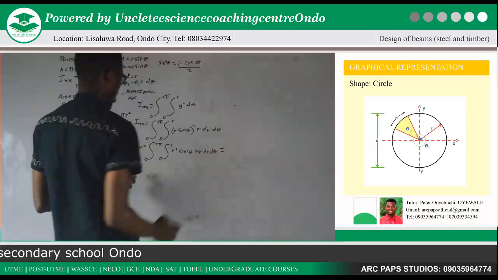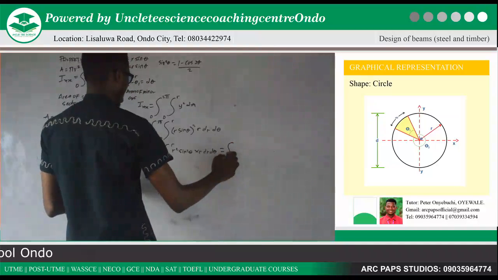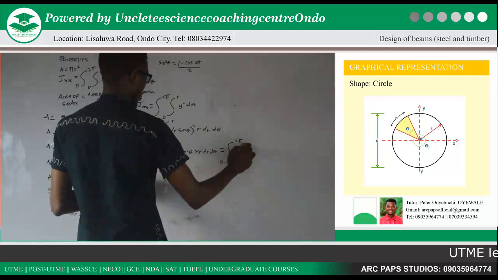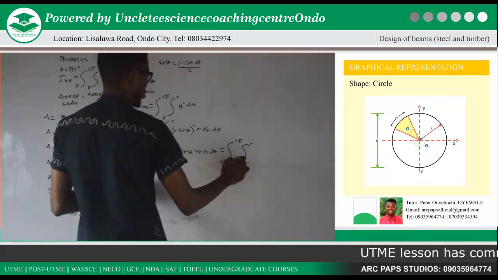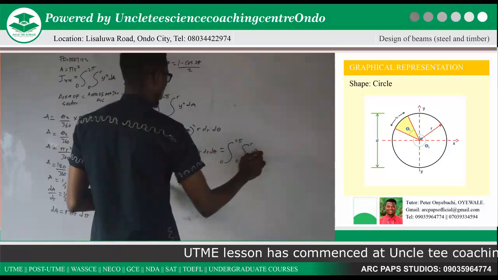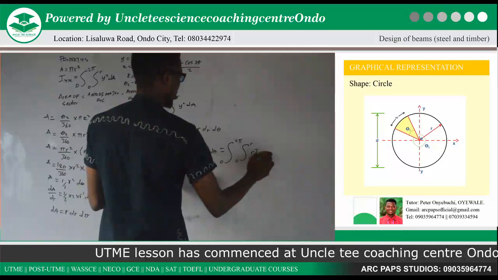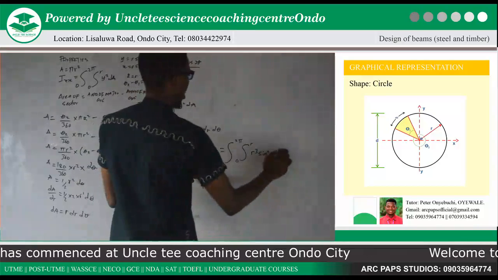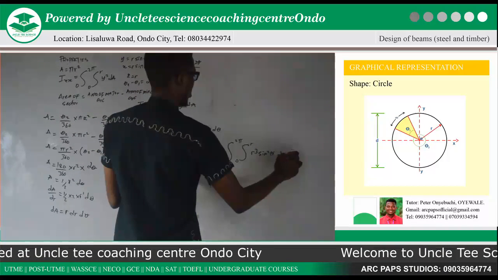Now this will then give us integral 2 pi to 0, integral r to 0. Now r squared times r is r to the power 3 sine squared theta dr d theta.